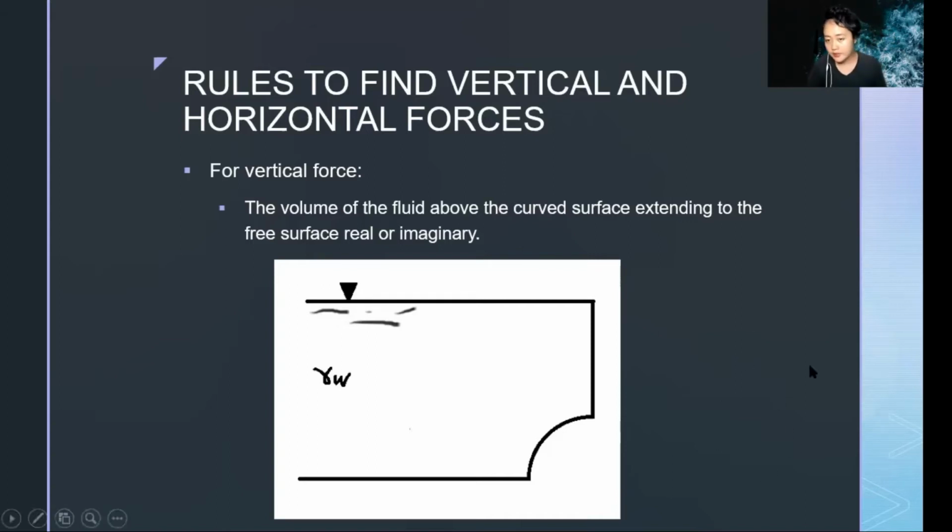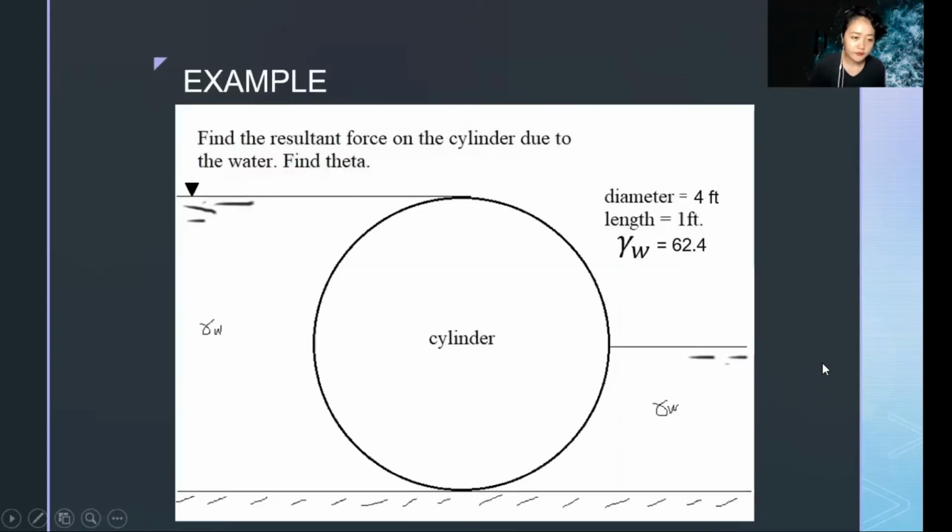So let's take a look at this example. The problem is to find the resultant force on the cylinder due to the water and find theta. Given the diameter is 4 feet, length is 1 foot, and the specific weight of the water is 62.4.